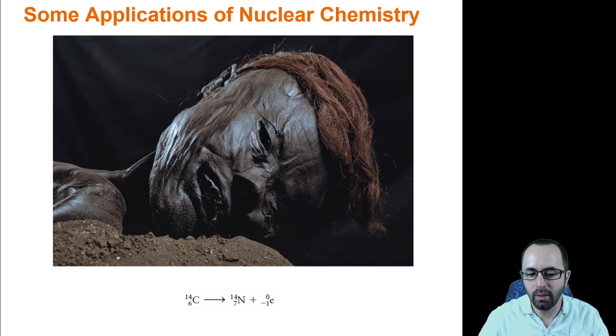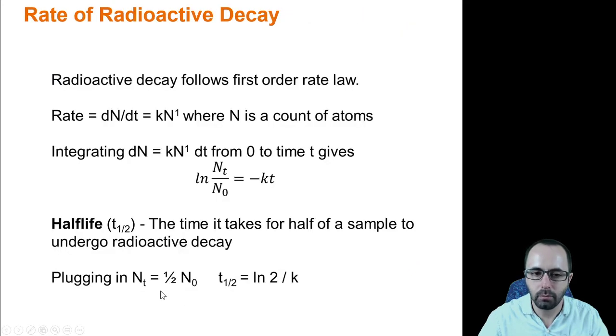We can find when they died based on the amount of radioactive carbon-14 remaining in their bodies. So here is a picture of a mummy that can be dated for when it died using radioactive carbon dating. Remember that carbon-14 undergoes beta decay, produces nitrogen-14. That was one of our early examples.